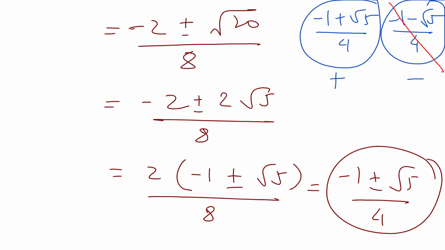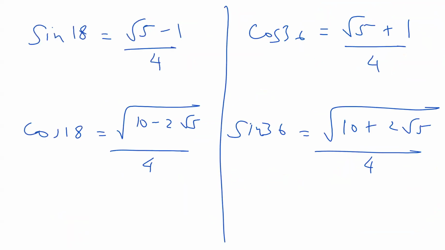Can someone tell me why we should discard the negative value? Because 18 degree lies in the first quadrant, hence the positive value. Got the point, everyone? So that's how we prove sine 18.